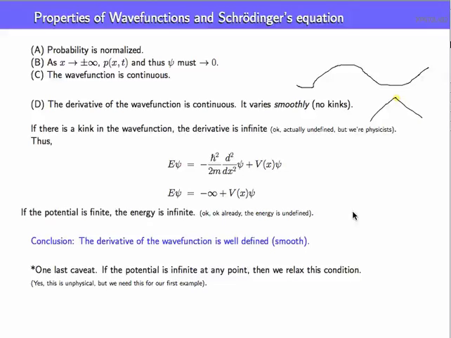There's one caveat here, which we're going to use in our first significant example, and that's if the potential is infinite at any point, or there's a transition from an infinite potential to a finite potential, we're going to relax this last condition. Again, it's unphysical, but it will really help us build intuition about quantum wave functions and actually how to solve these.